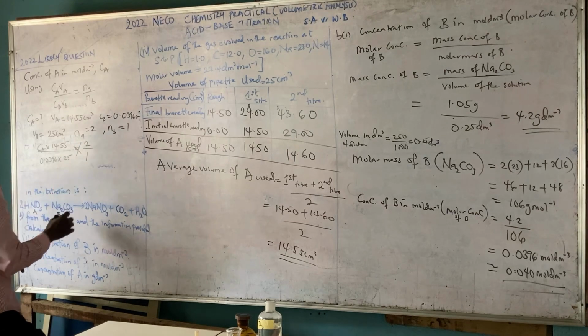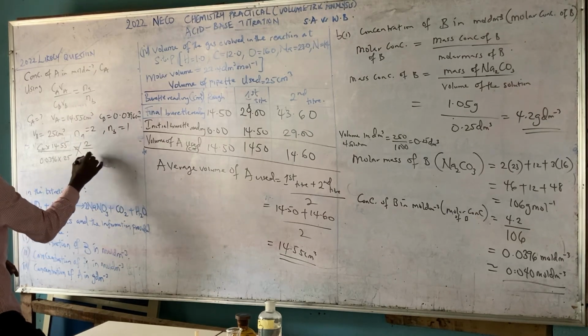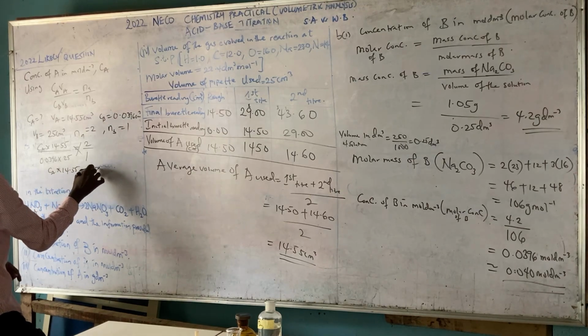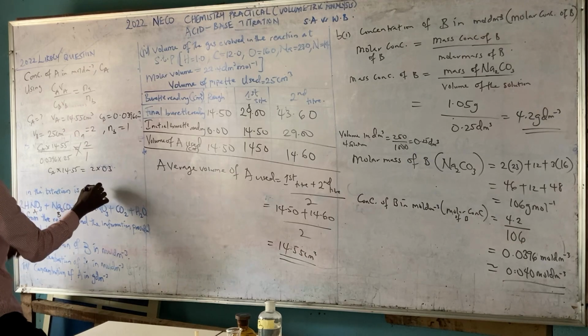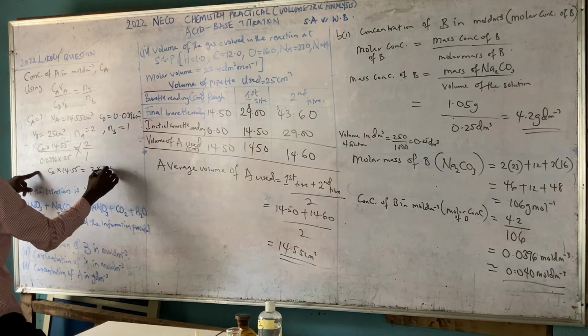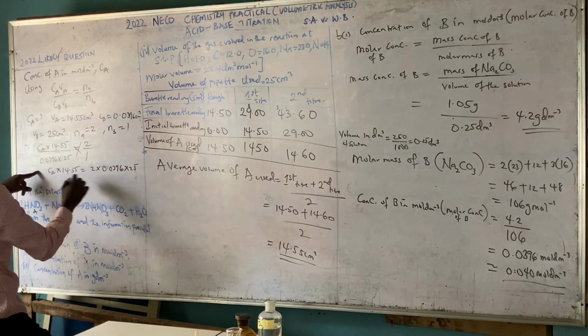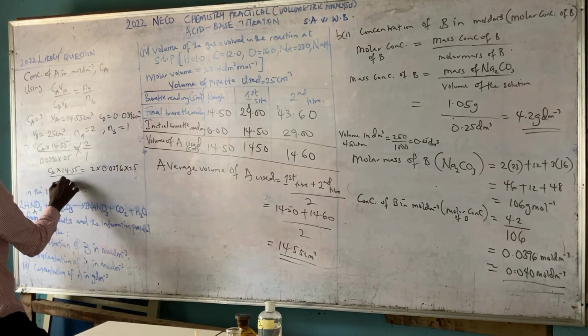So by cross multiplication now, we have CA times 14.55 equal to 2 times 0.0396 times 25. Now divide both sides by 14.55.